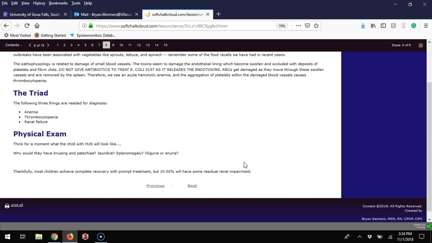Most of these kids will do well, but there is a subset of them that will have some residual renal impairment. I know 10 to 50% is a wide margin. I've heard about 25% will need dialysis, and 25% of those kids will actually need some longer term dialysis.